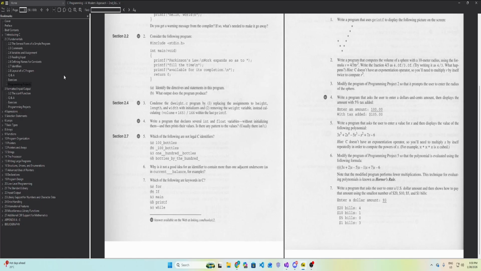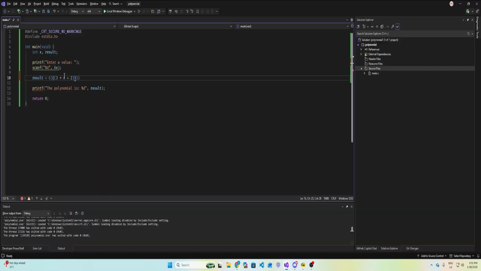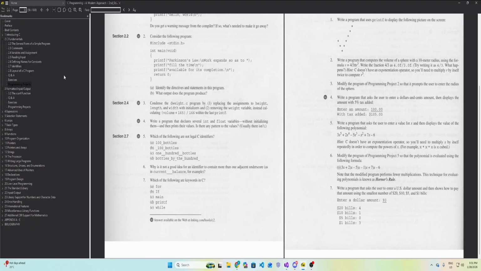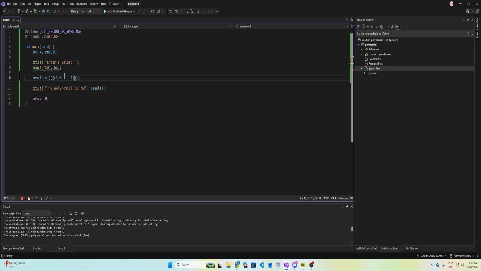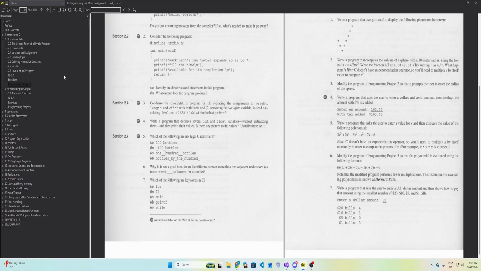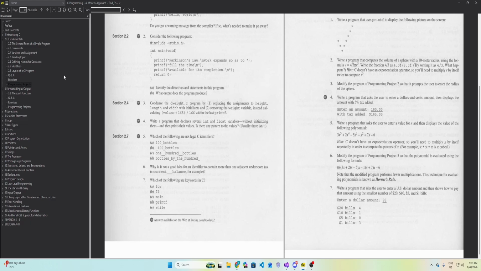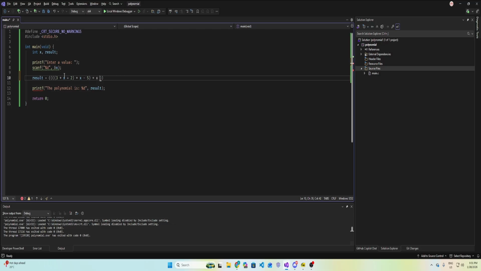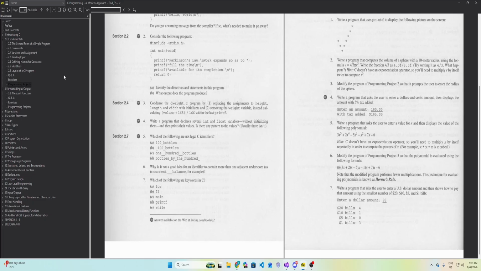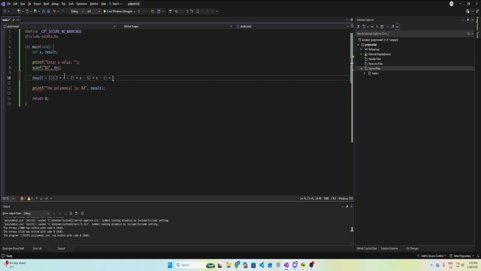Then the next one is times x minus 5, and the next one is times x minus 1, and then times x plus 7, and then it is times x minus 6.